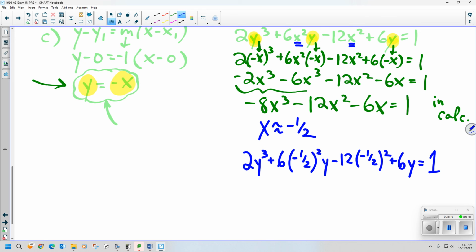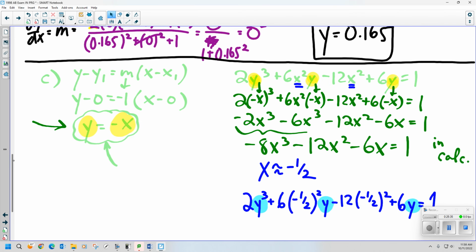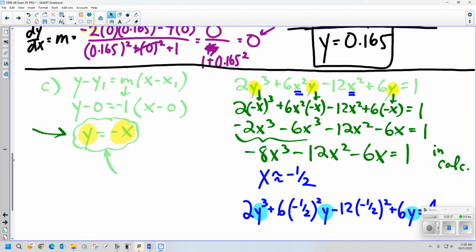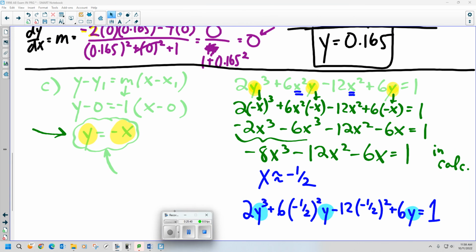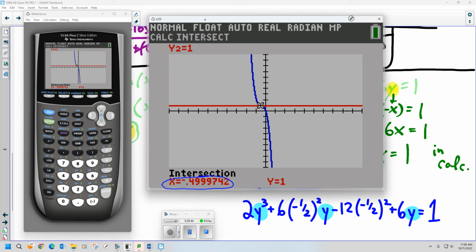I'm going to put that in the calculator just like that, making my y's x's and typing the negative 1/2 in parentheses.